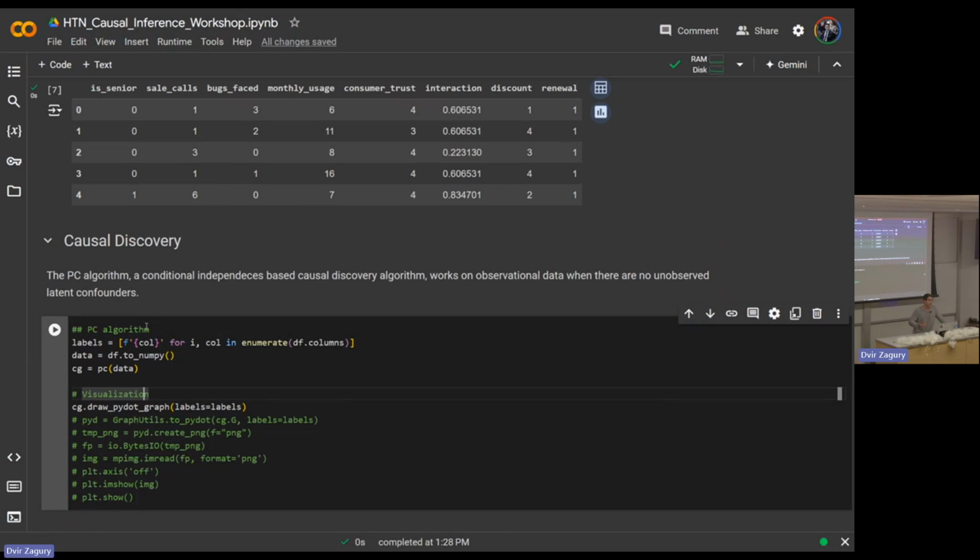You can use your domain expertise if there's an edge or an arrow that doesn't make sense to you, or if there's an obvious direction. For example, with rain and car windshield wipers, it won't find the direction between the two. You can use your domain expertise in order to fix that. So we're going to run this.